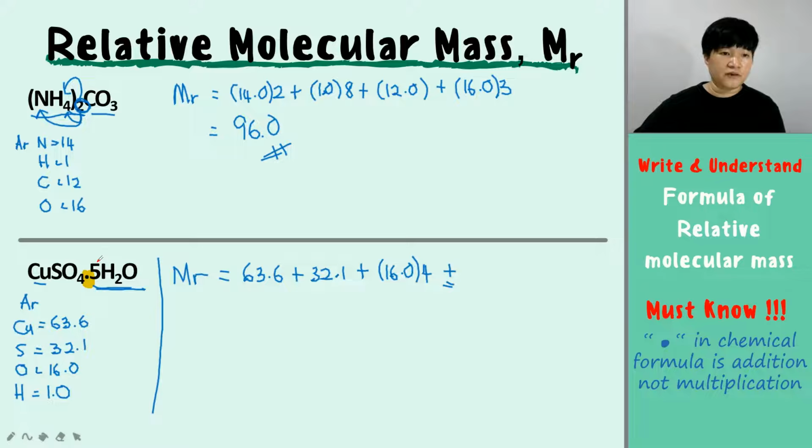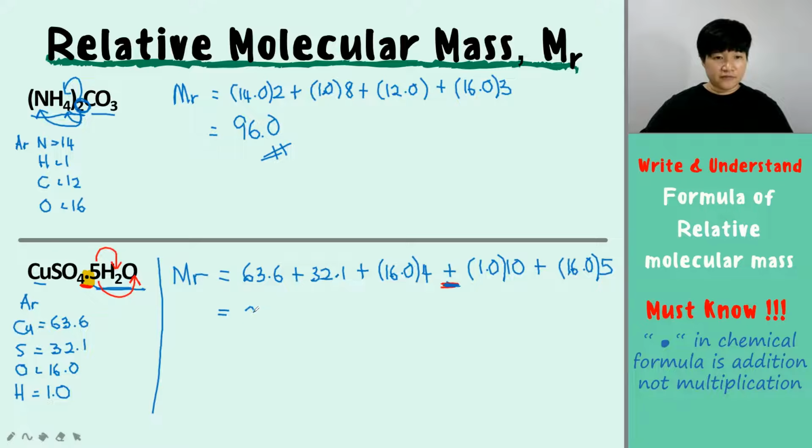What you need to do with the 5 is multiply in: 5 times 2, so you have 10 hydrogen, and 5 times 1, so you have 5 oxygen. Just a kind reminder again, the dot still represents plus. So hydrogen is 1.0 and you have 10 of them, plus oxygen is 16 and you have 5 of them. Add everything up, press your calculator carefully, and you will have the final answer.